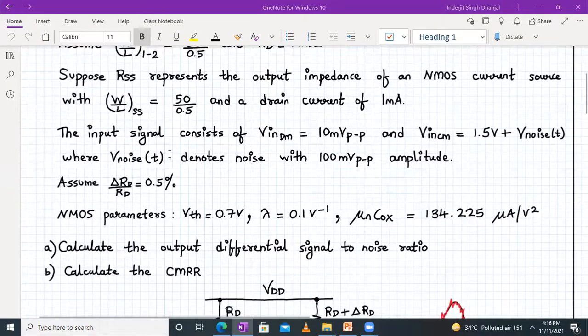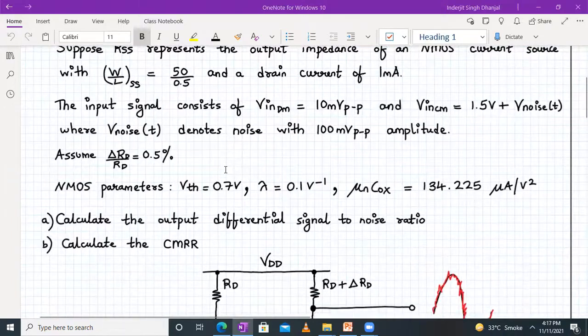The input differential mode signal is 10 millivolt peak to peak. The input common mode signal is 1.5 volt DC plus noise voltage, where the noise has 100 millivolt peak to peak amplitude. And they have given delta RD upon RD as 0.5%.